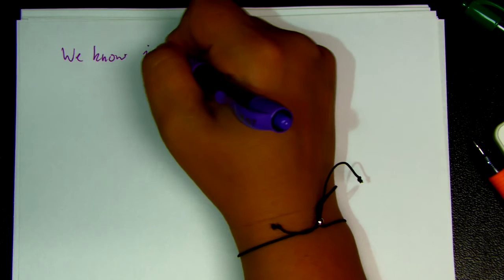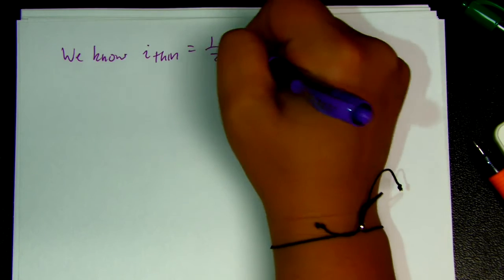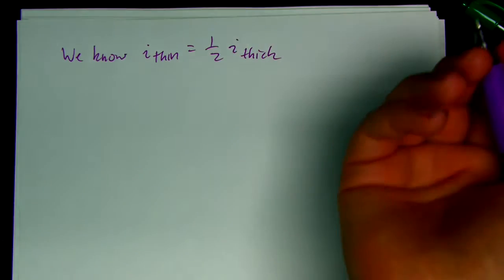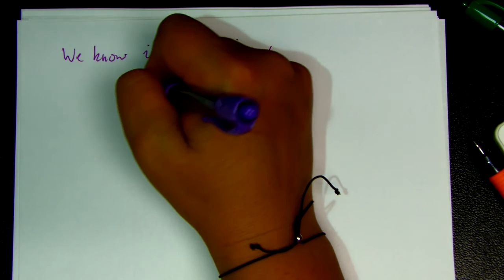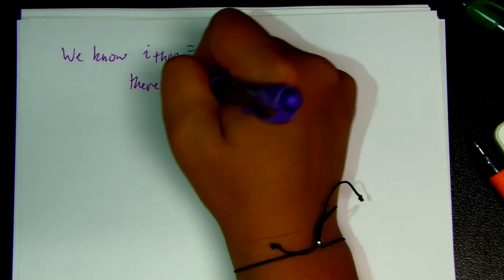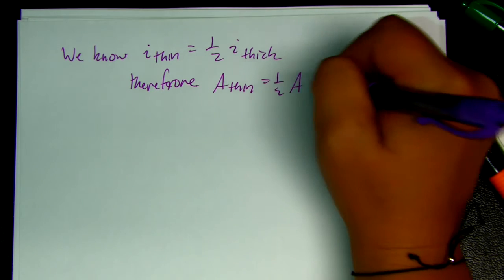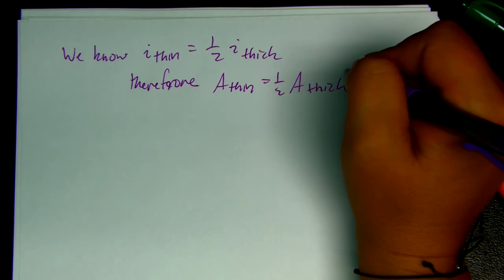Okay, so we know that I thin is equal to 1/2 I thick when the bulbs are connected to the two batteries. Therefore, A thin must be equal to 1/2 A thick.